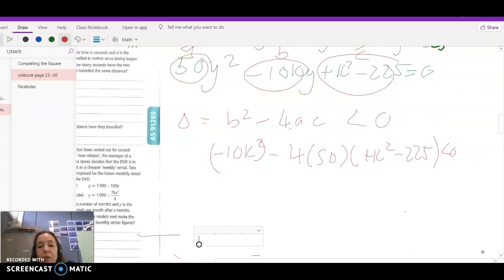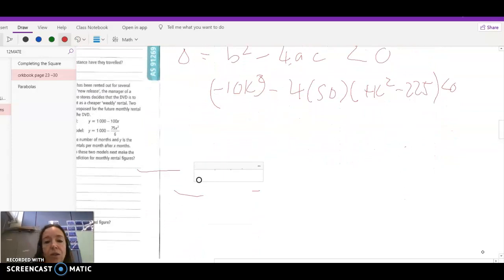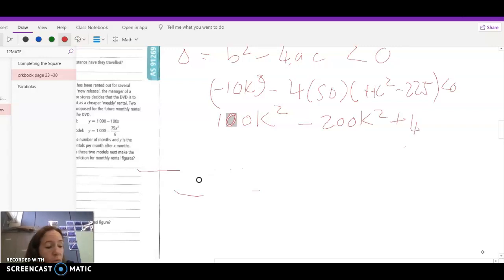Close that bracket. So let us multiply out that. So that's going to give me 100k squared. Negative 4 times 50 gives me negative 200, so it'll be minus 200k squared, and then negative 200 times negative 225 gives me positive 45,000, and that's less than 0.